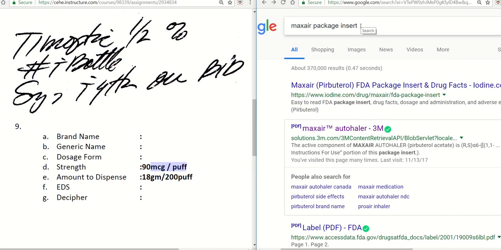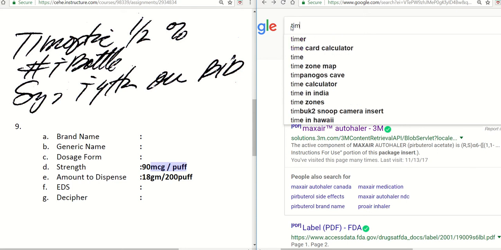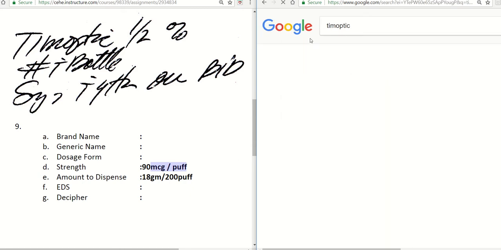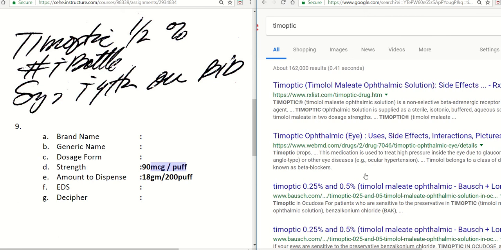All right, we have Timoptic. So this is just the regular form. There is an XE, but we would just want the regular. So Timolol is the base drug.